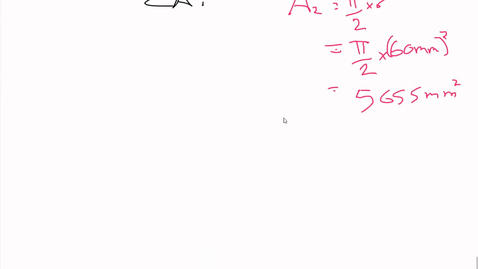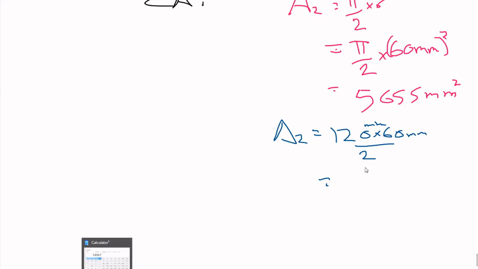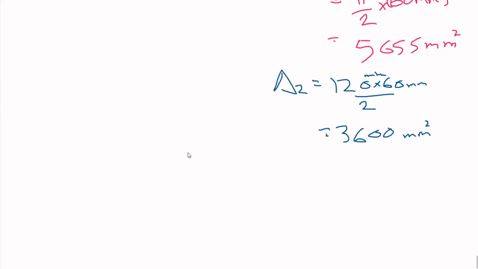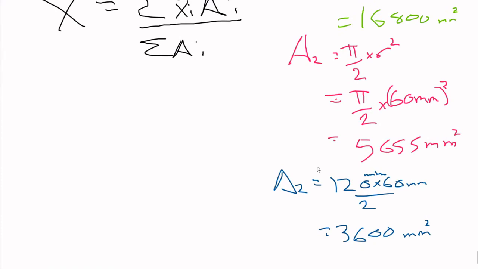So the area is 120 times 60 divided by 2. 120 divided by 2 is 60, and 60 times 60 is 3,600 millimeters squared.